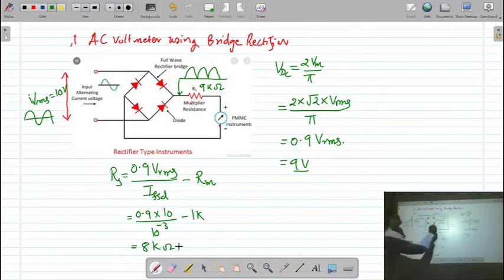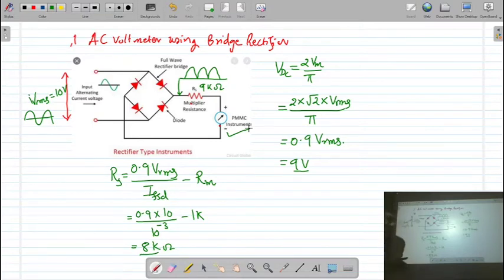I think it was 3.5, something like that. Now here it is 8 kilo ohm. Right? So when you put this value of 8 kilo ohm, then this meter will indicate exactly 10 volt when my Vrms voltage is 10 volt.